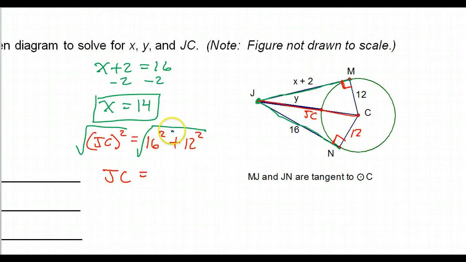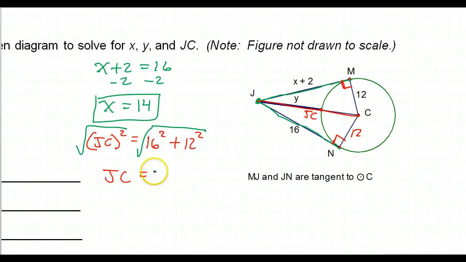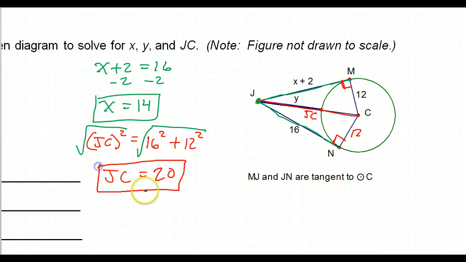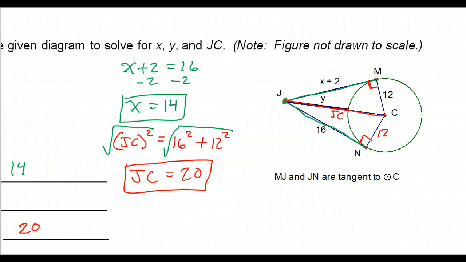So I'm just going to put this whole expression in my calculator. So that's 20. So JC is 20, and we have another one of our answers. So let's go ahead and write that down. So JC is 20. Now that just leaves y.